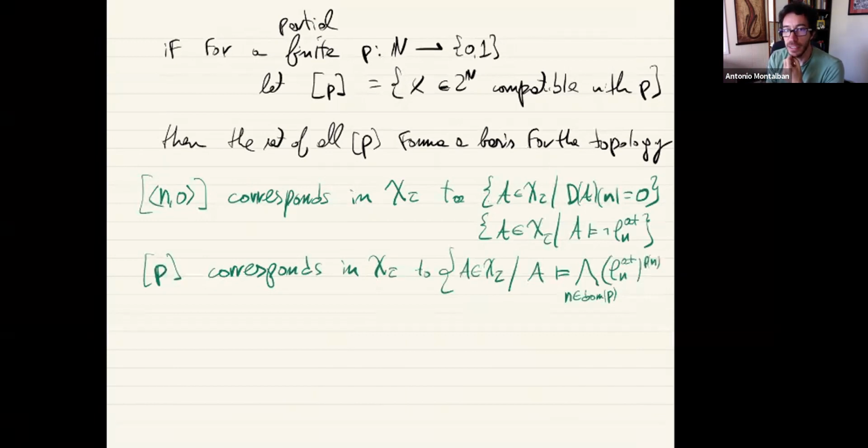By that I mean if p of n is 1, just keep the formula; if it's 0, put the negation.